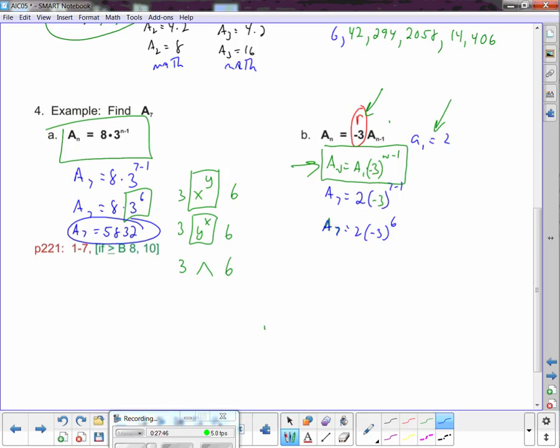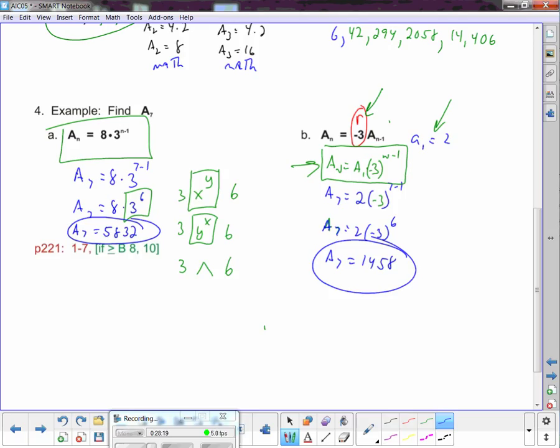It ends up positive, right? Negative 3 to the 6th power is positive. Oh, so that value is a 20, that can't be. It's 729 times 2. Final answer, 1,458.